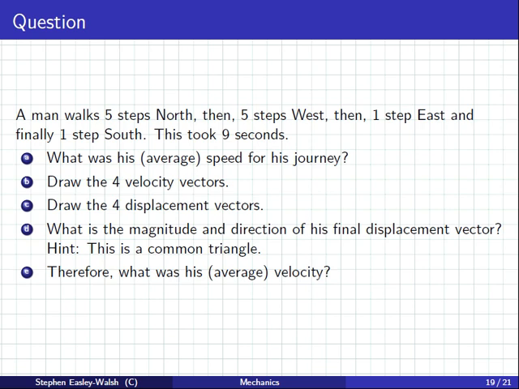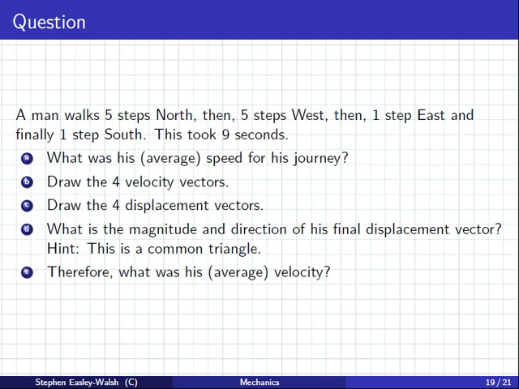This one here now is more like an exam question. A man walks 5 steps north, then 5 steps west, then 1 step east, and finally 1 step south. This took 9 seconds.